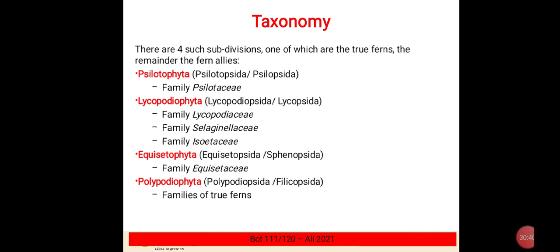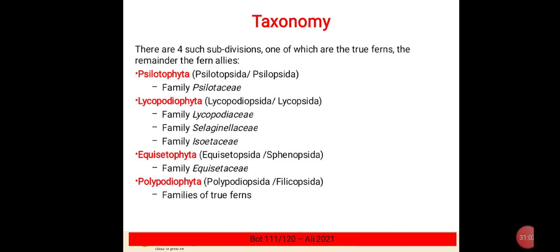Now, those are the four subdivisions of the Pteridophyta: the Coelentophyta, Lycopodiophyta, Equisetophyta, and the Polypodiophyta. And now the families are listed.